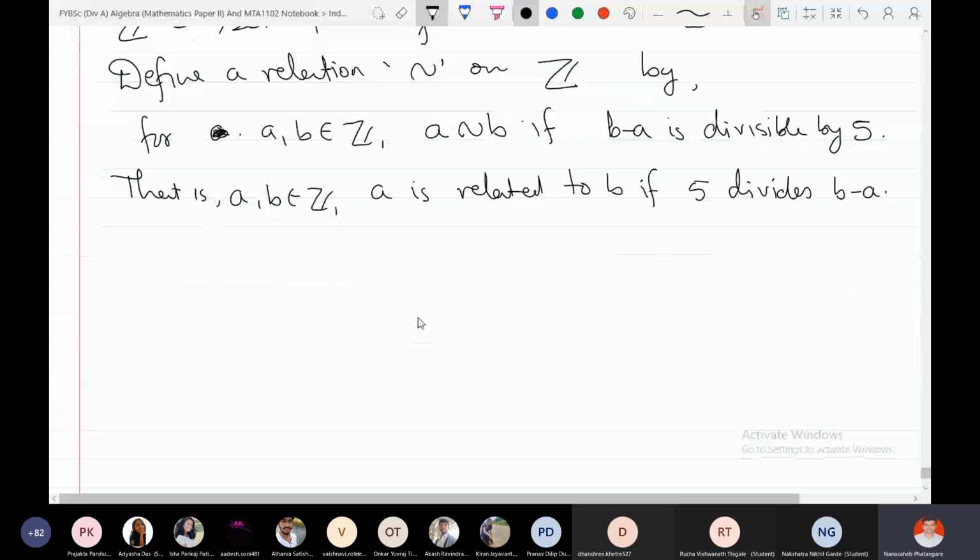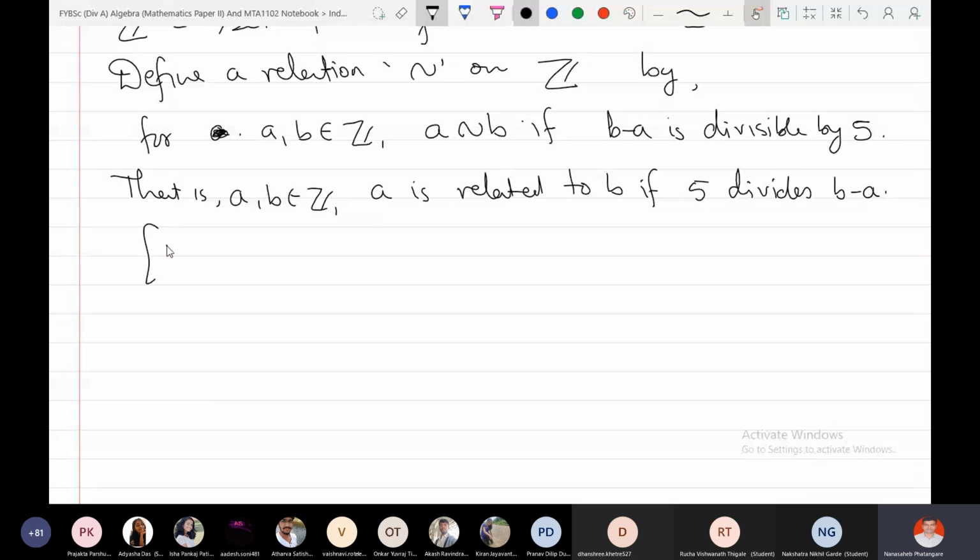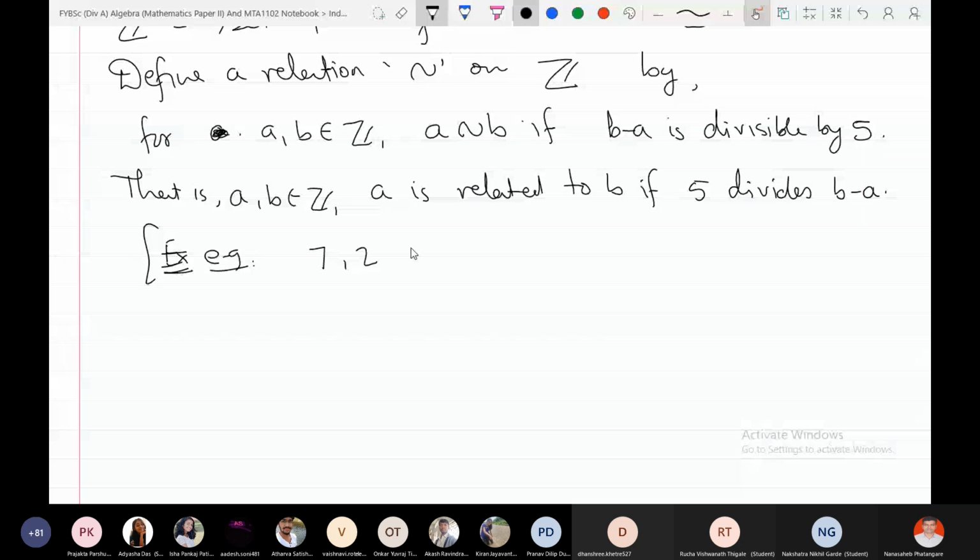So for example, 7 and 2, are they related?